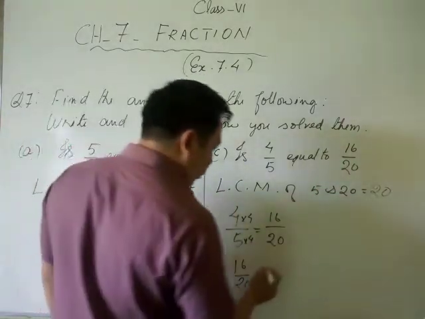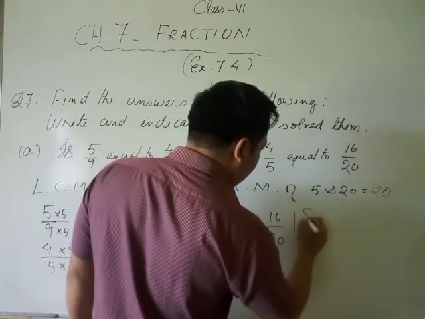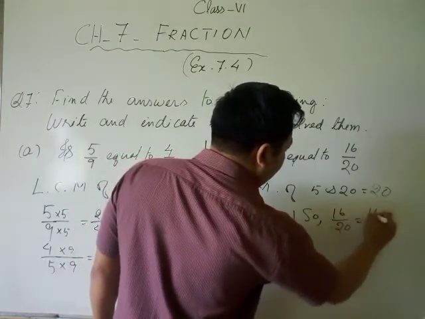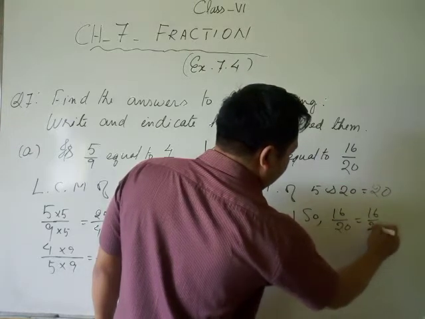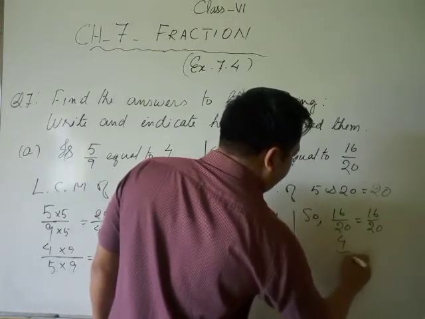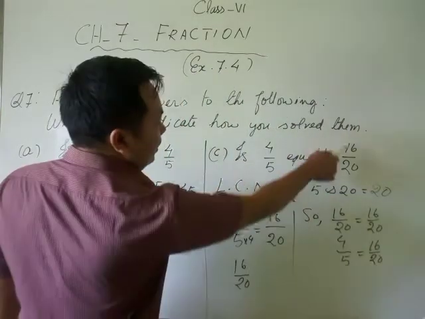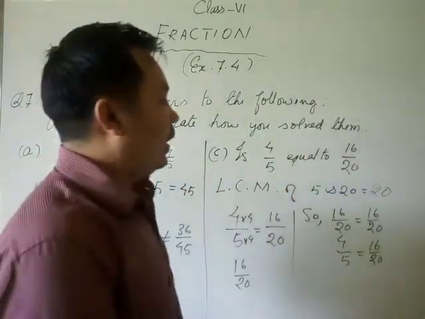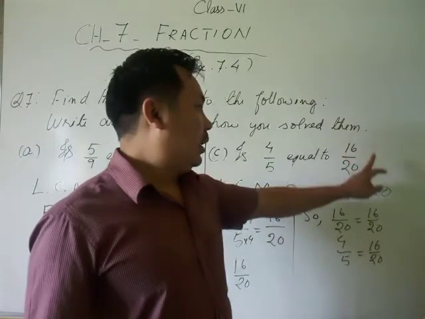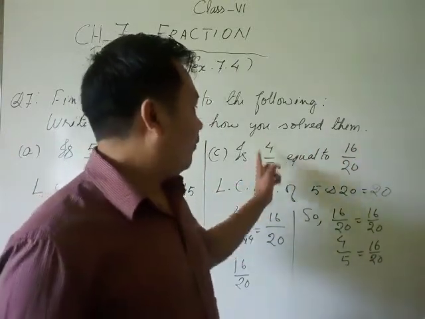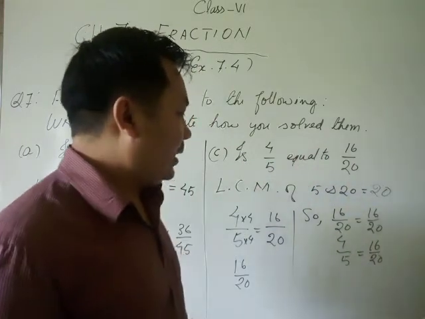So 16 by 20 is equal to 16 by 20. That means 4 by 5 is equal to 16 by 20. When you divide this fraction by 4, you get 4 by 5 again, so they are the same.